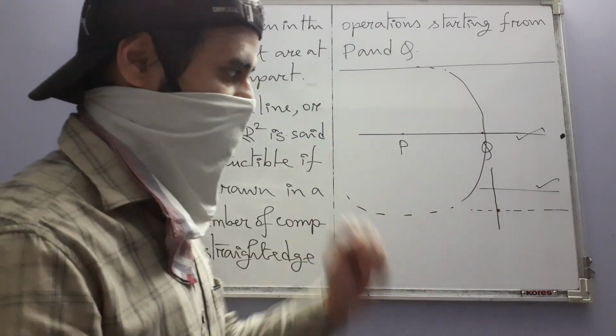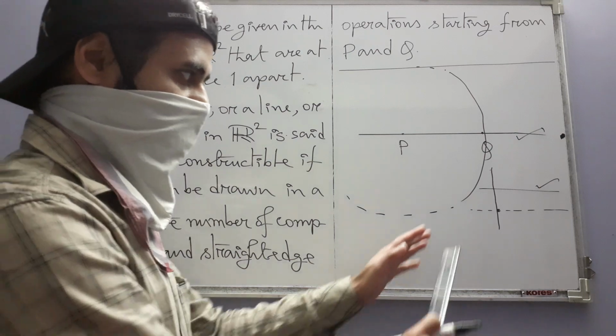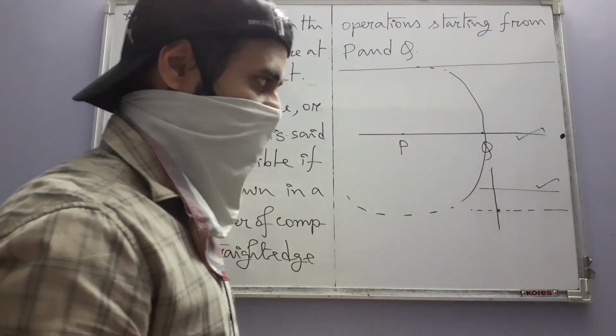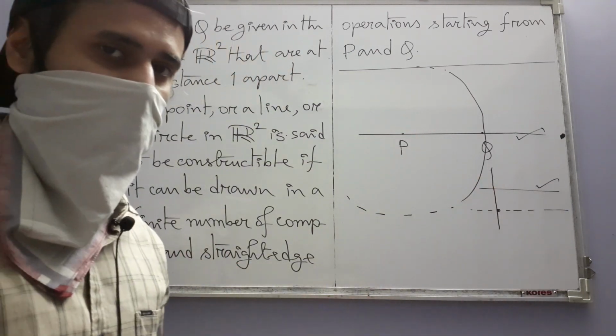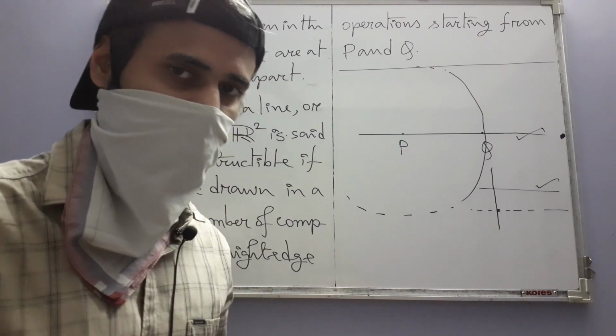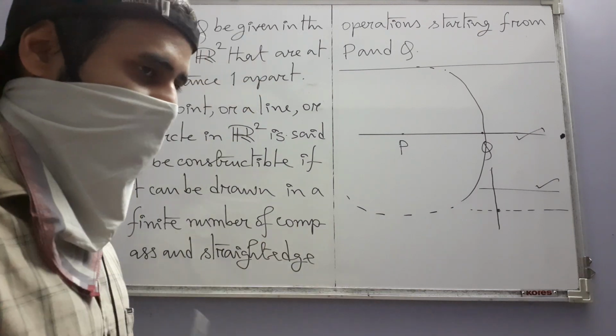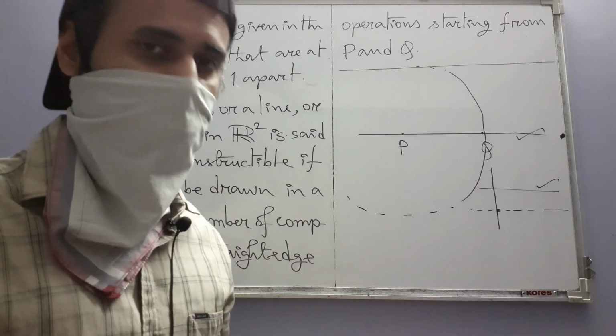So these two lines will be constructible, and then intersections between these lines and other lines or circles will give you more constructible points, and so like this it will just simply blow up.